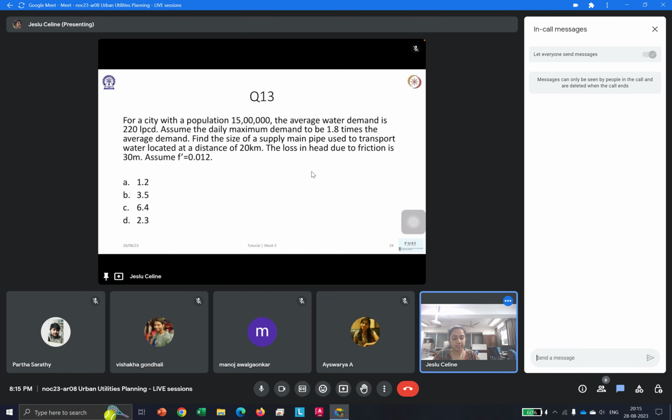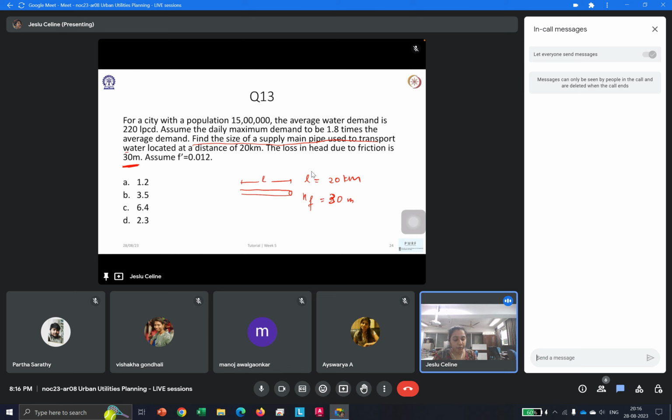So this statement essentially means that the length of the pipe, L, has to be 20 kilometers. The loss in head due to friction is already given, which means our HF is 30 meters.